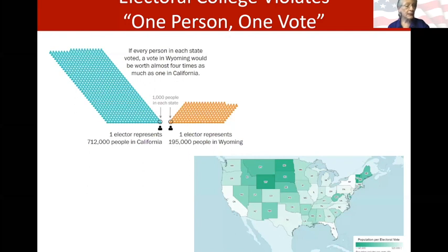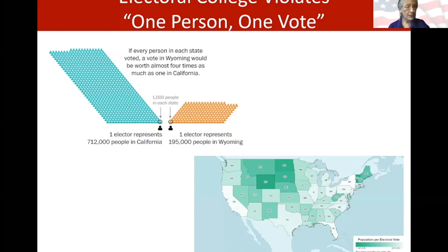Another way of looking at this is in California, we have to share our representatives' attention with 712,000 other people, where in Wyoming, they share with around 125,000. It's much harder to be heard.